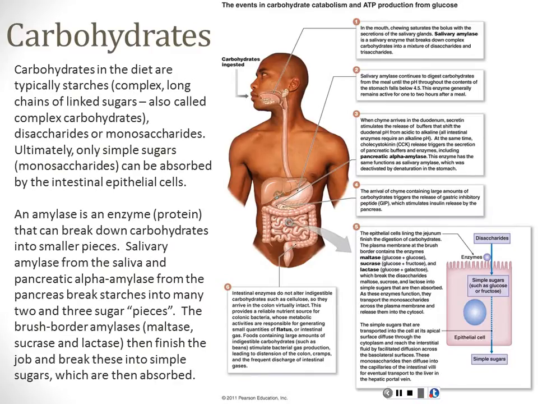That's better. Okay, so carbohydrates found in nature are typically of the starch variety. In other words, long chains of simple sugars. And you all have had some chemistry, so you know what sugar is, right? You've got a 6-carbon sugar, 5-carbon sugar, a lot of oxygen and carbon in sugars.